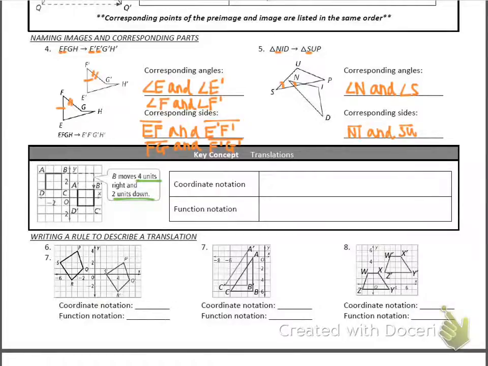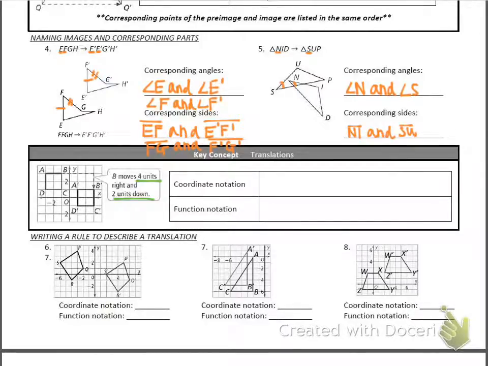And so how they did this is they took point B, slid point B 4 units right, 2 units down, and plotted it. Then they took point A, 4 right, 2 down, and plotted it, and did the same for all of the other points, and that's how we got the new square, A prime, B prime, C prime, D prime.